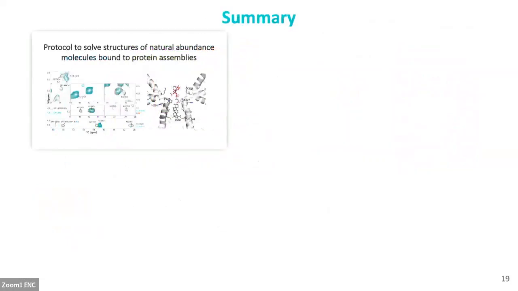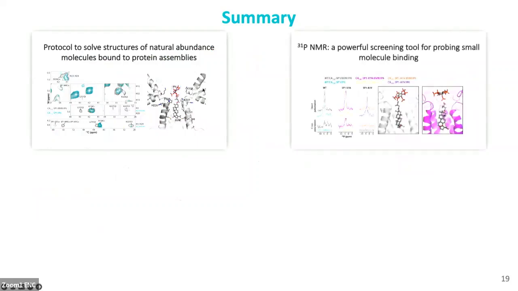With all of this, I would like to summarize what we have so far. We have a protocol to solve atomic resolution structure of natural abundance small molecule inside the protein assemblies. We have also shown the power of phosphorus NMR, which can be used as a time-efficient screening tool to understand small molecule binding and activity.